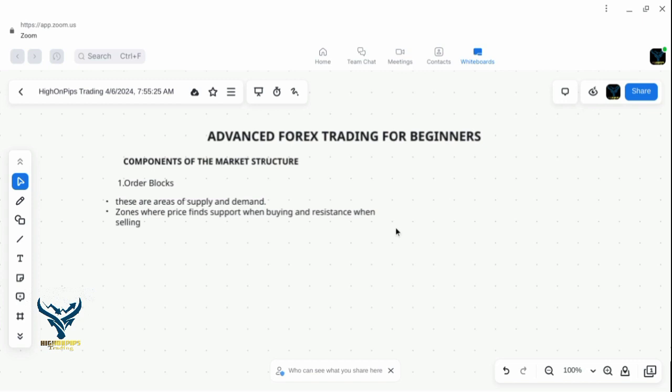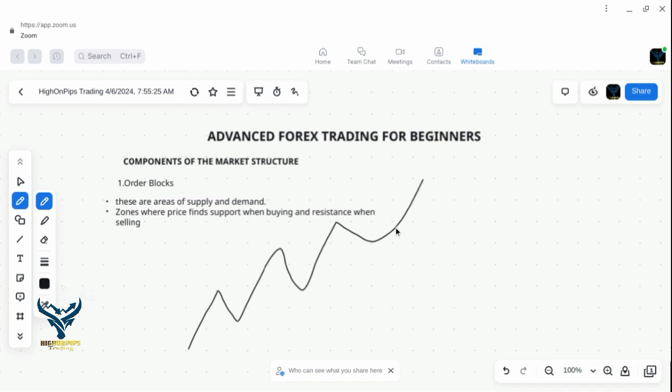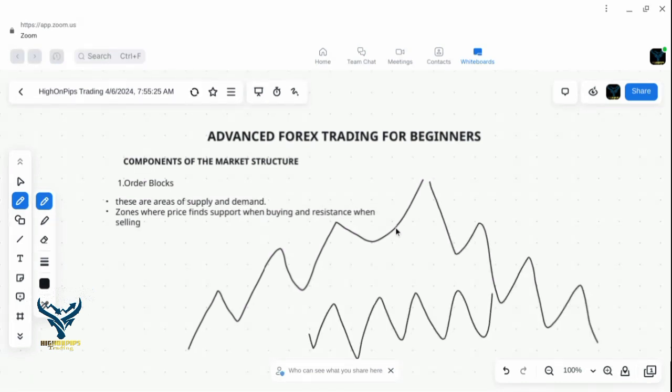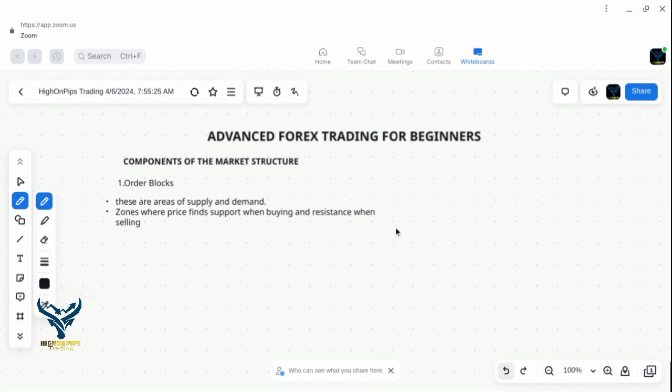Okay, so remember, in our previous lesson we said the market structure moves like this if it's a bullish structure, and then it moves like this if it's a bearish structure, and then it moves like this if it's sideways or in consolidation. So the components of the market structure, we are basically looking at the reason why the market moves the way it moves.